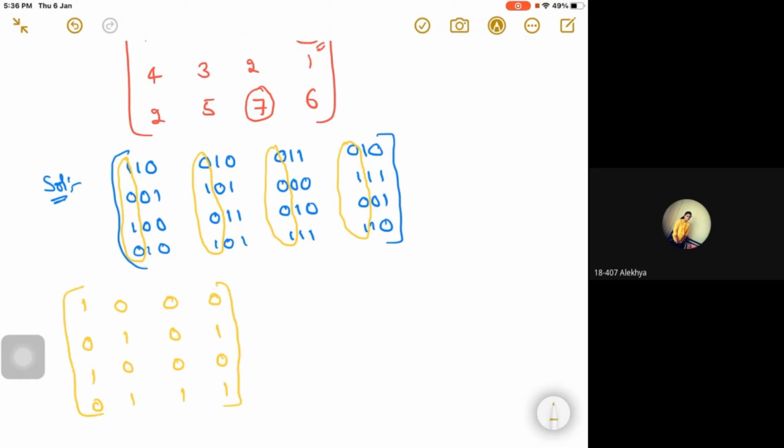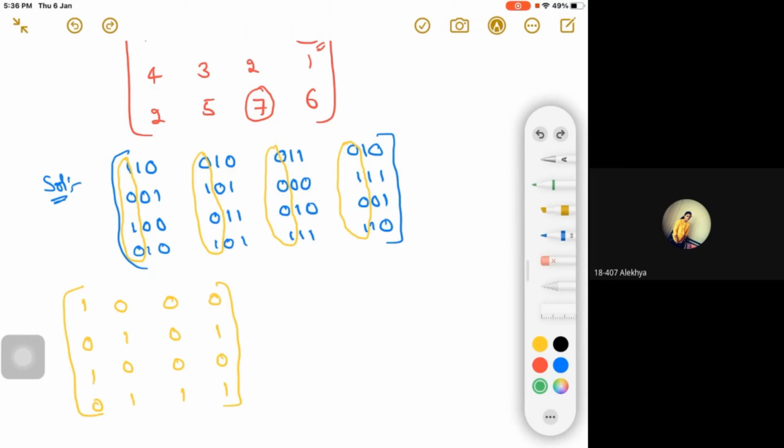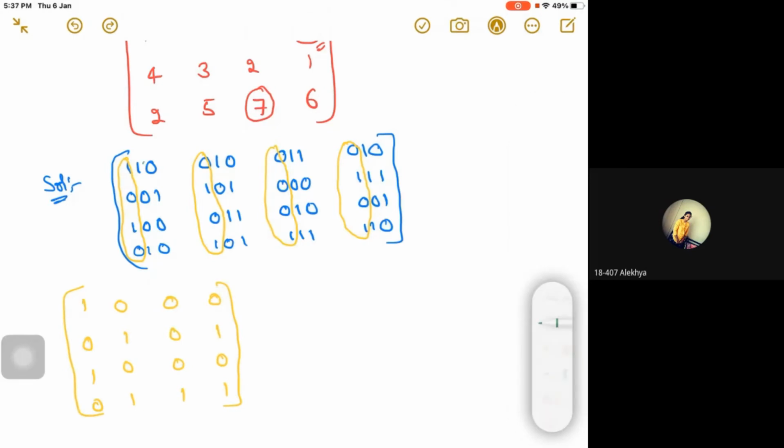Next, coming to LSB. For LSB, the rightmost: these four, these four, these four, and these four.